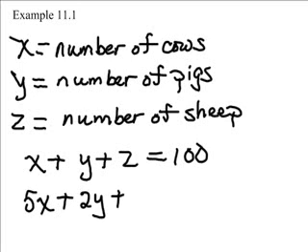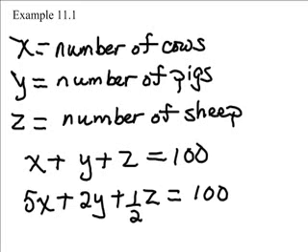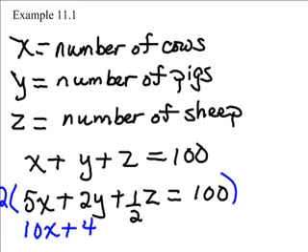I'm going to write that as half of a dollar times z, and that's equal to 100. Now, I don't like that fraction, so I am going to change my second equation by multiplying through by 2. That's going to clear my fraction. So this is now going to become 10x plus 4y plus z equal to 200.